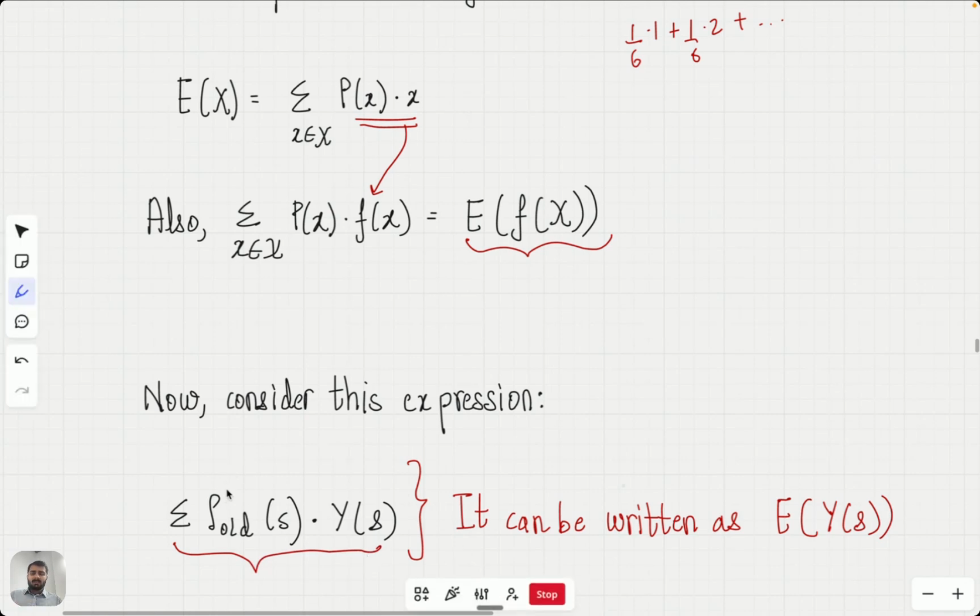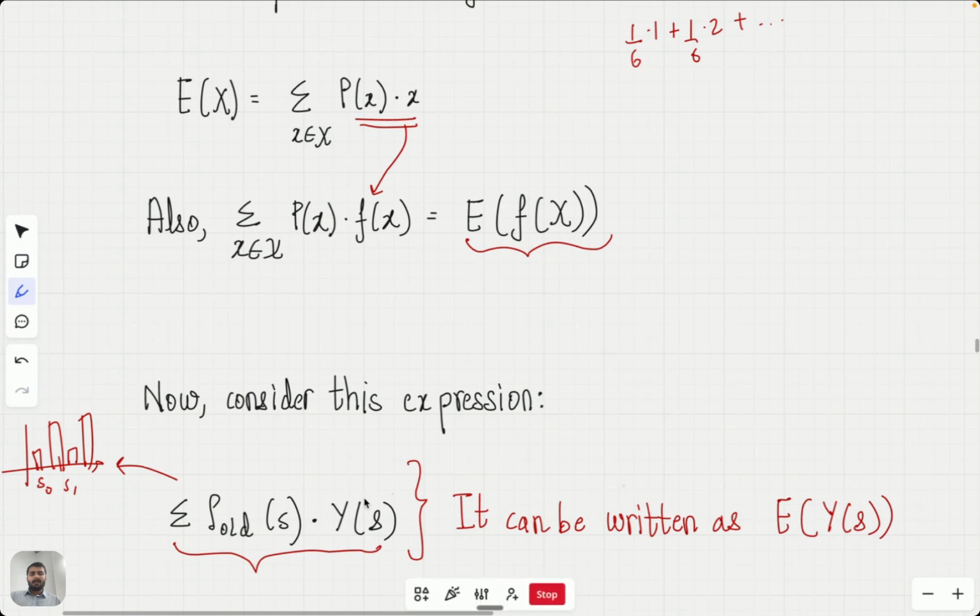So this is rho old of s, a probability distribution. Remember how we got this? For every state S0, S1, you had the probability of the agent visiting that state. So this is nothing but a probability distribution across all the states.